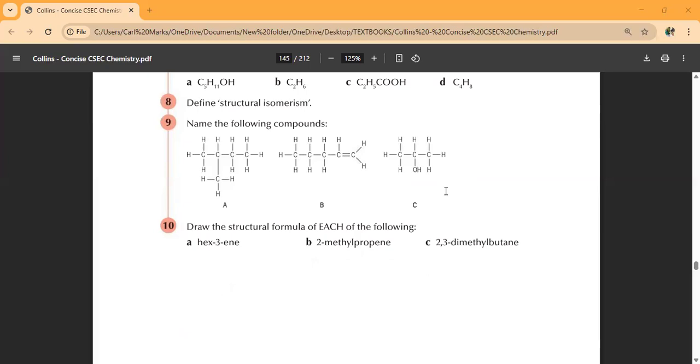Hex-3-ene tells you where the double bond is supposed to be found. The 2 here tells you where the methyl group has to be found, and 2,3 with dimethyl tells you where these branches are to be found. Once you see methyl, we know it's a branch. Work those out for me, and then we're going to draw them.